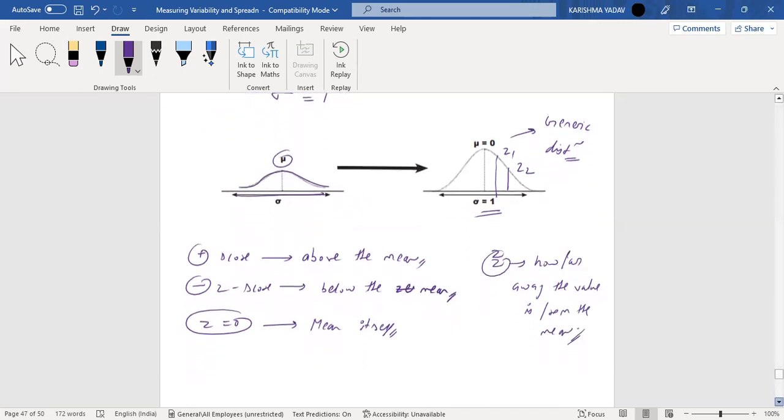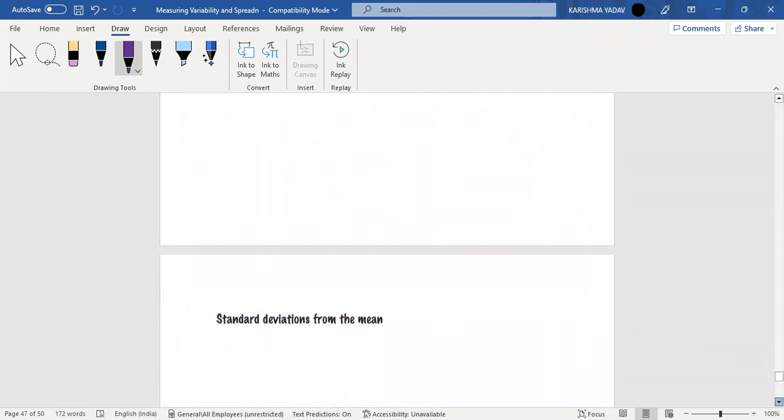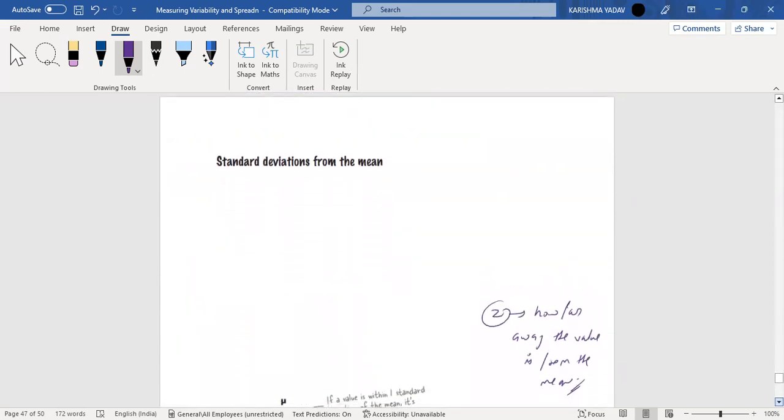Now let's see standard deviations from the mean. Sometimes statisticians express the relative position of a particular value in terms of standard deviations from the mean.